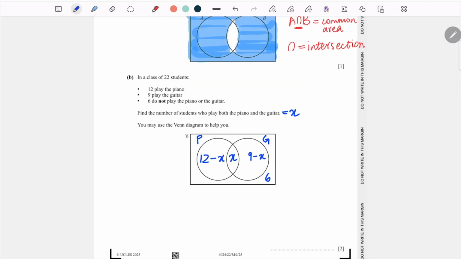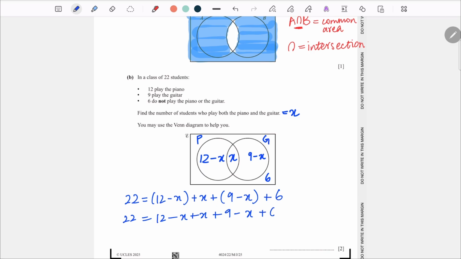Now we'll form an algebraic equation to find the value of X. That is, total number of students are 22, which is equal to 12 minus X plus 9 minus X plus 6.